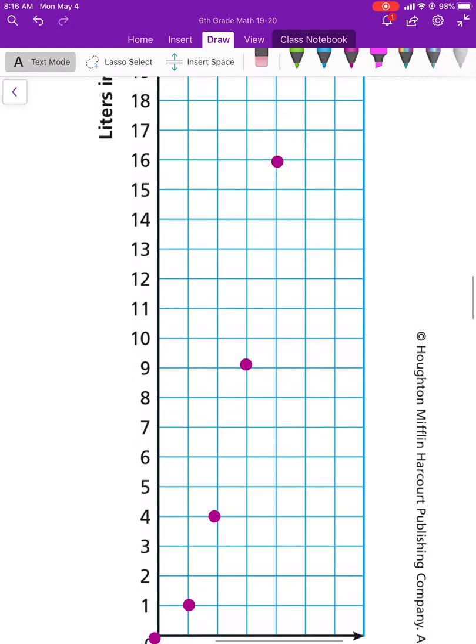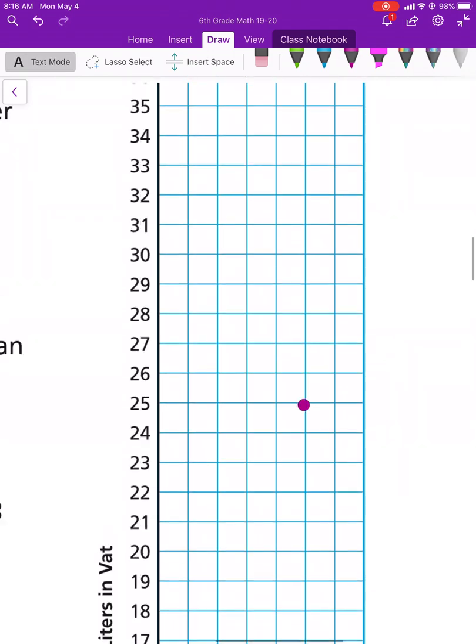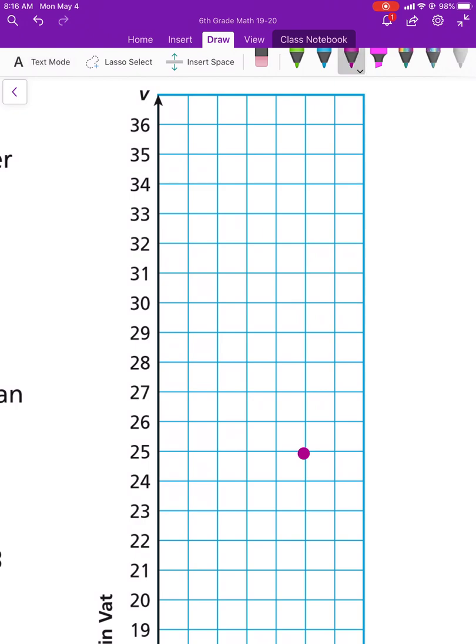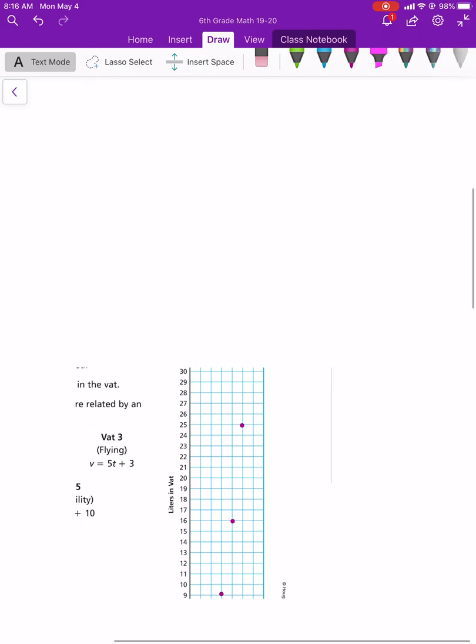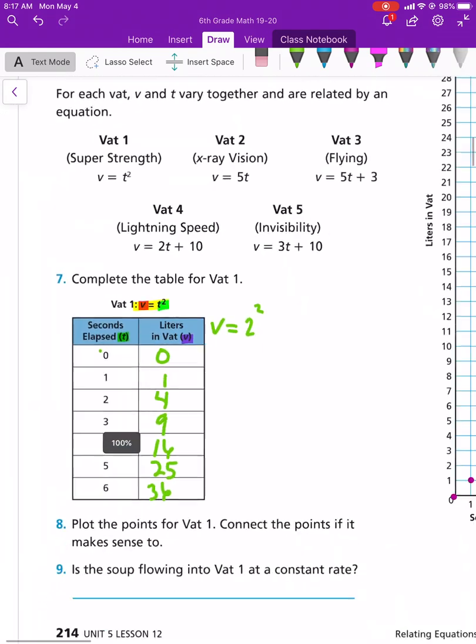Getting sloppy. And then I had 25, and then 36, right? Which is right there. Okay, now I've graphed those.